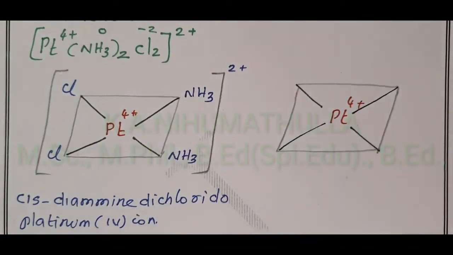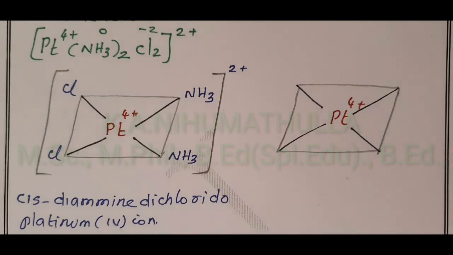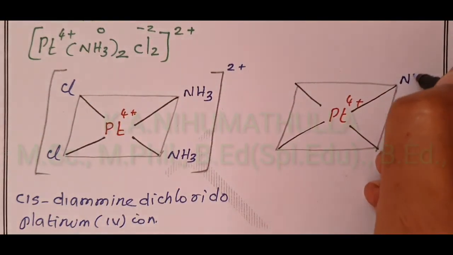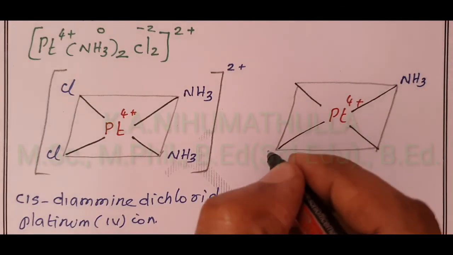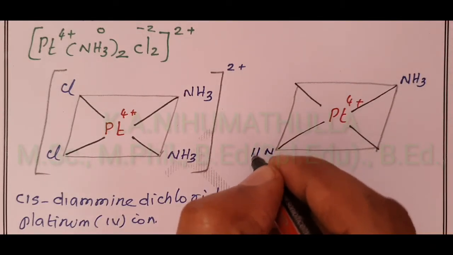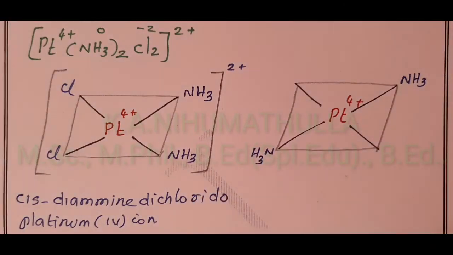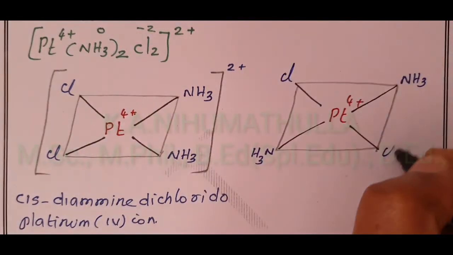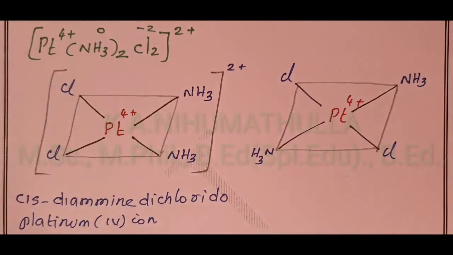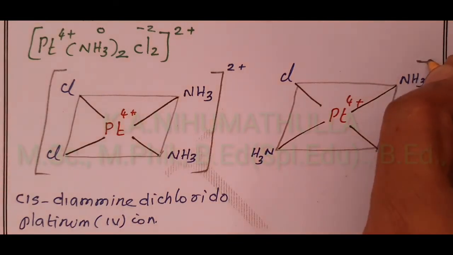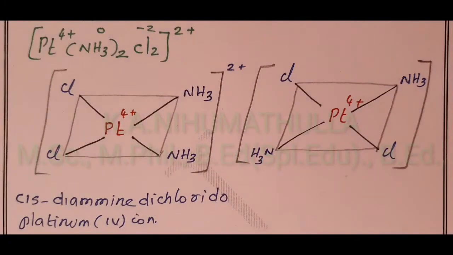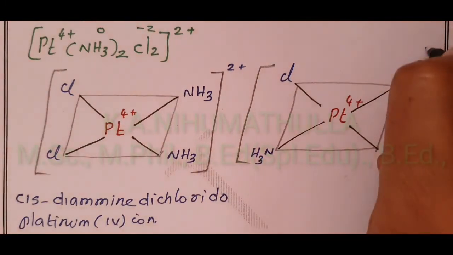If two similar ligands are on the opposite side, the NH3, two amines, are on the opposite side, and the 2 Cl are also on the opposite side, this is called the trans isomer. Charge on the complex is 2 plus.